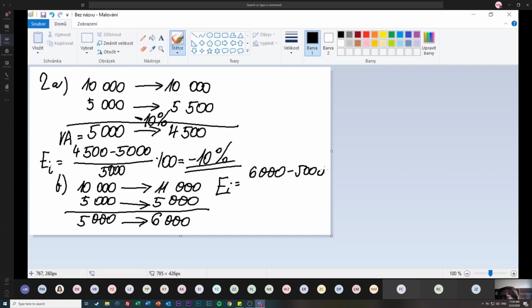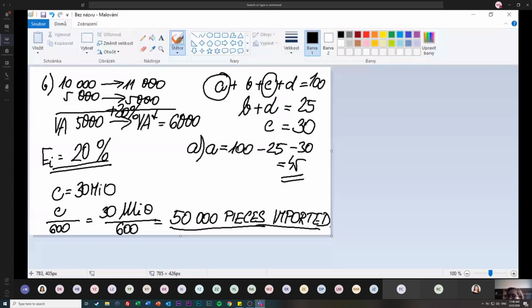So 50,000 pieces were imported, okay? Because the whole collected sum was 30 million, and you know what was the duty per one piece. So you know from this information that they imported 50,000 pieces. Okay, and let's go to number 4, before starting number 1.